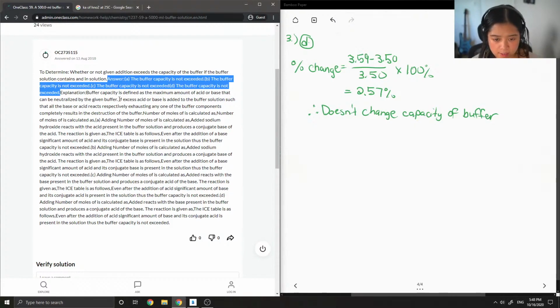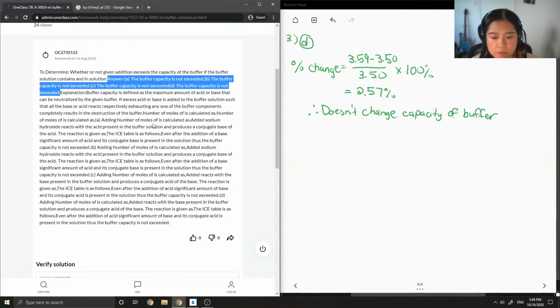And then they just say it's defined as the max amount of acid or base that can be neutralized by the given buffer. If excess acid or base is added, such that all the base or acid reacts respectively, exhausting any one of the buffer components completely, it results in the destruction of the buffer.